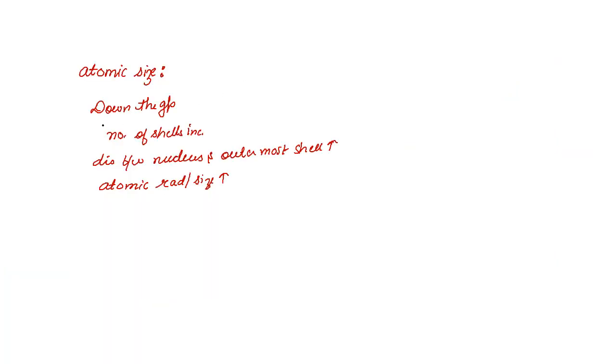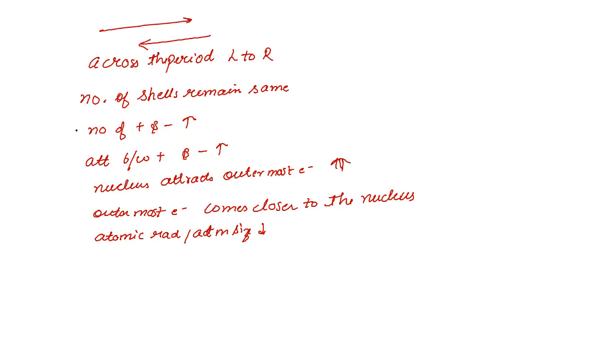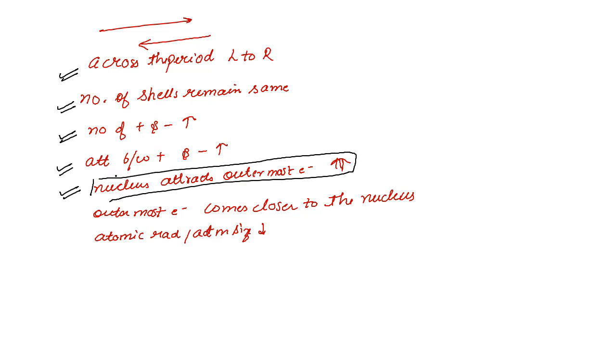We say that when we go from left to right in the period, the number of shells remains the same, the number of positive and negative charges increases, attraction between positive and negative increases, and the nucleus attracts the outermost electron more strongly.